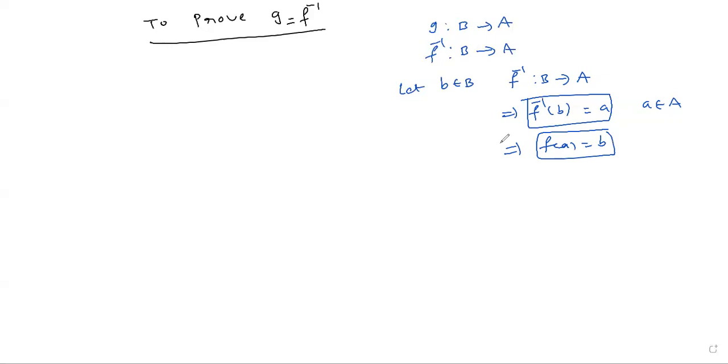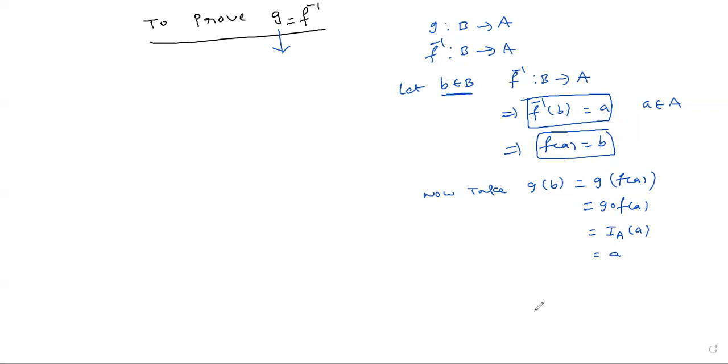Now, to prove G is equal to F inverse, take G of B. This domain element must be applied on the left side, LHS, and then we prove it equals F inverse of B. Let us now take G of B. G of B is G of F of A. G of F of A is what? G circle F of A. G circle F is already given in the theorem as IA. Look at the theorem statement once: IA of A is A, right?